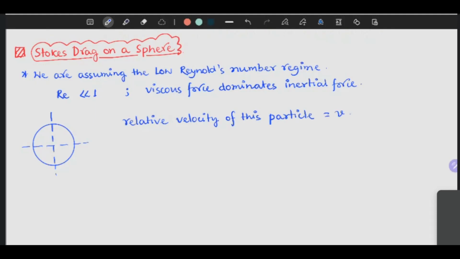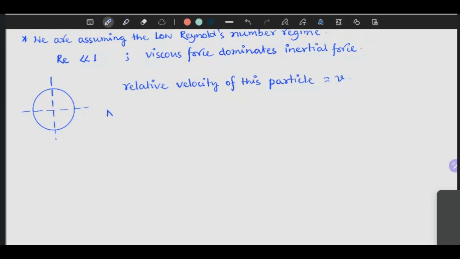Then the Navier-Stokes equation in vector notation becomes like this.